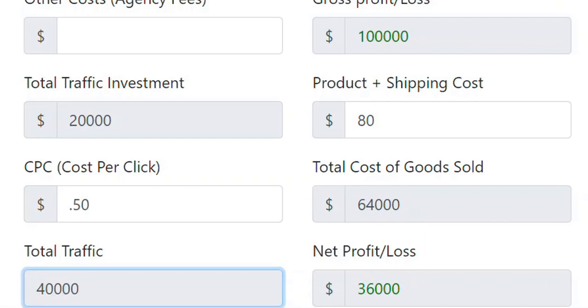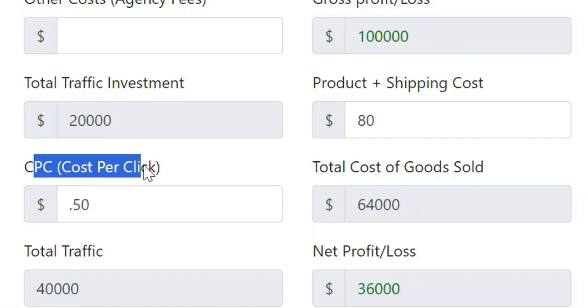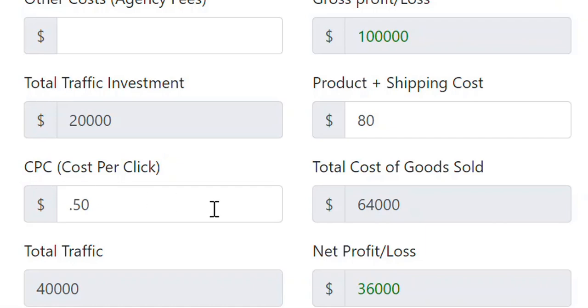I hope you're following that. And these are real life scenarios that you can actually play with. Now, it may not take you an hour or a day or a month to reduce your cost per click from $1 to 50 cents, but you can implement these over time to get your cost per click down here.